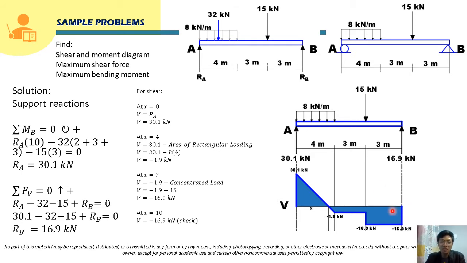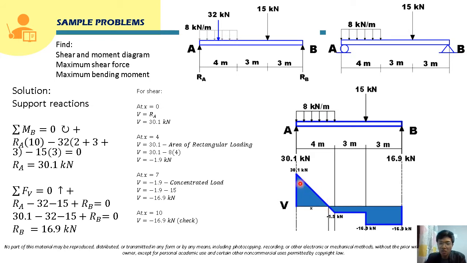Now, class, our rule for connecting the points here: say, for this point, which is 30.1, and this point, which is negative 1.9. Since the loading here is rectangular, our shear here will be a triangle, so it will just be a straight line.